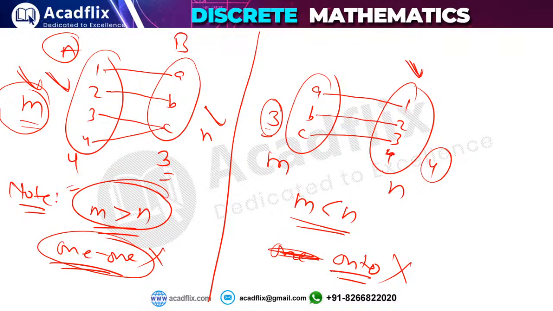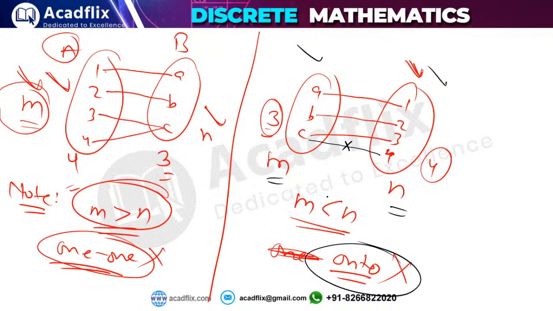You cannot cover 4 because if you do it like this, the definition of function is violated. So we can say that this 4 cannot be covered. So I can say that an onto function is not possible whenever you have this type of situation.